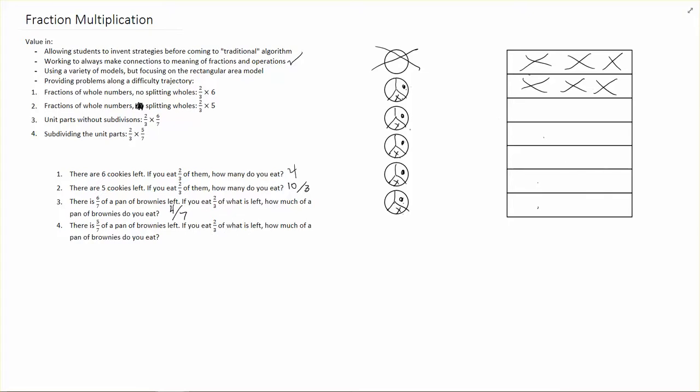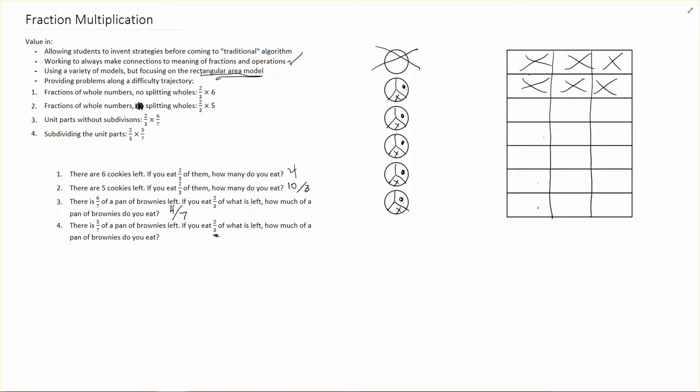Just like when I only had 5 cookies, it's a lot harder to think about how I might take these 5 pieces and split them into thirds. Here's where the rectangular area model really comes in helpful, because if you're originally split, for example, here we're split horizontally, then we can split vertically to get the thirds that we need, like this and like this.